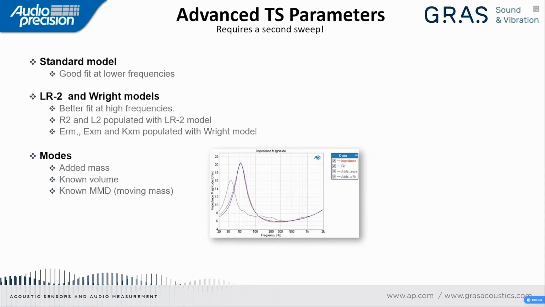The moving mass should be available from a manufacturer's specification or can be obtained by disassembling an identical driver and weighing the moving parts. And if you enter the known moving mass into the MMD field in APX, you can achieve full Thiele-Small parameters.